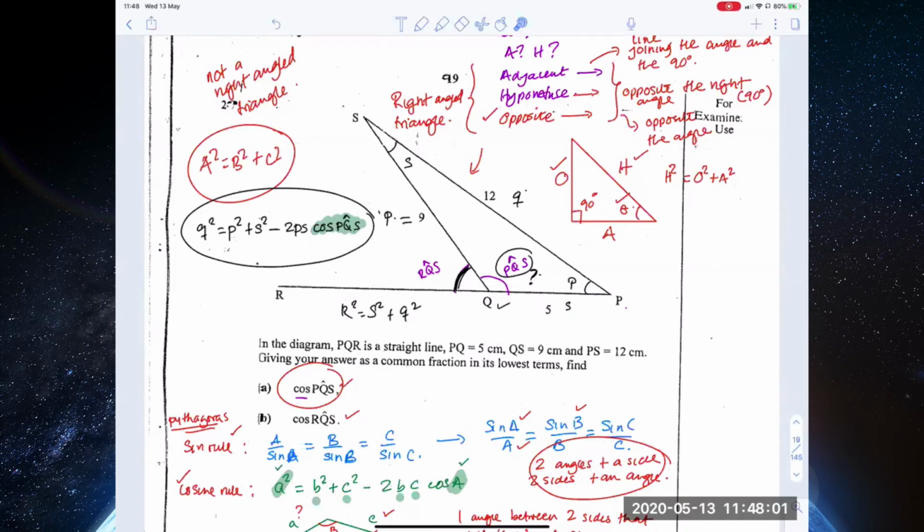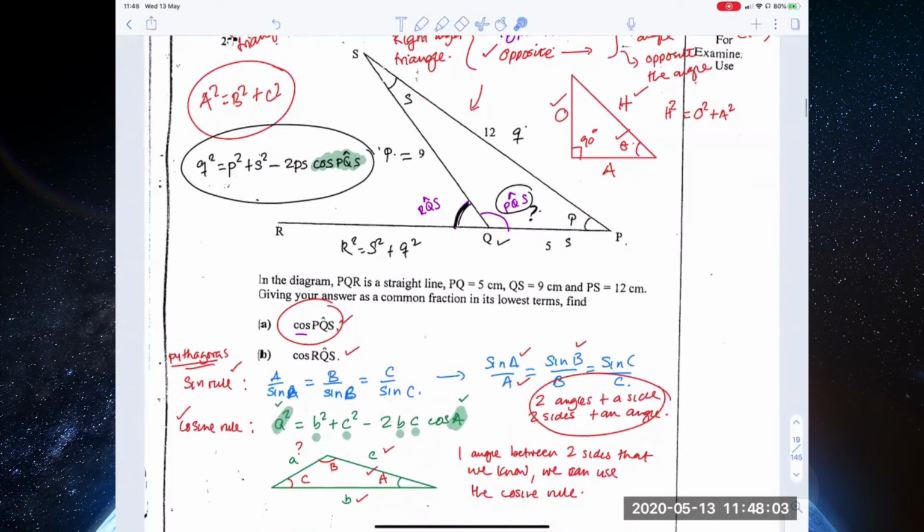Which method is that? Is that the cosine rule? Are you trying to follow this again? Yes. But if you are doing this here, you need this side, isn't it? And this side and that side, and you don't have this. You don't have RS, so you'd have to do this.